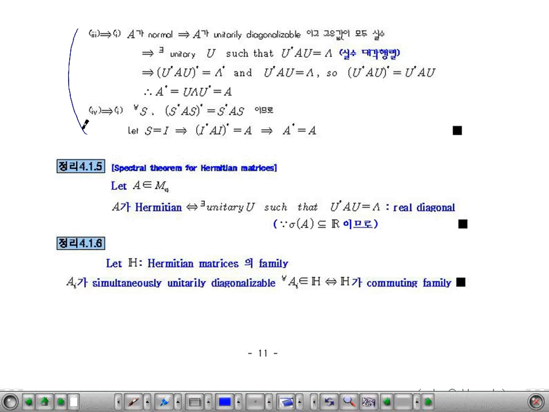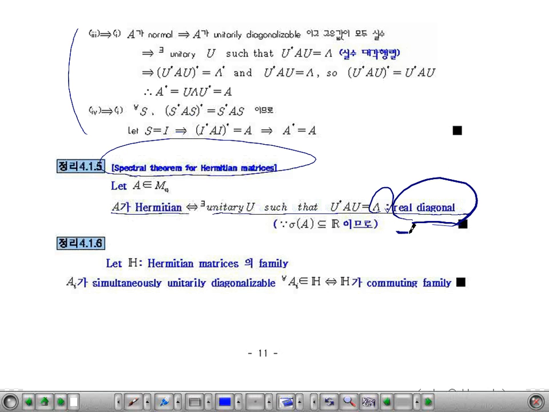It follows directly. Okay, and this is another characterization of Hermitian matrices. If A is Hermitian, there is a unitary matrix that makes the matrix similar to a real diagonal matrix. So a Hermitian matrix is unitarily diagonalizable to a real diagonal matrix.